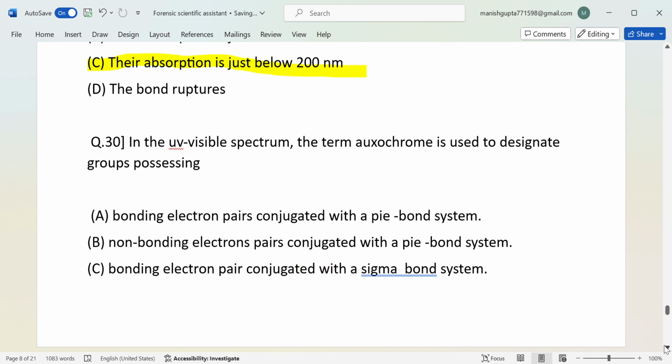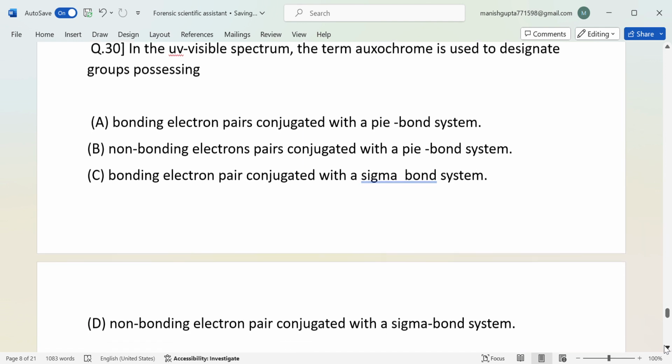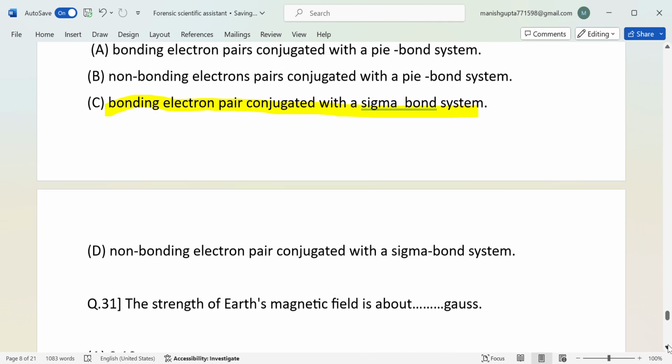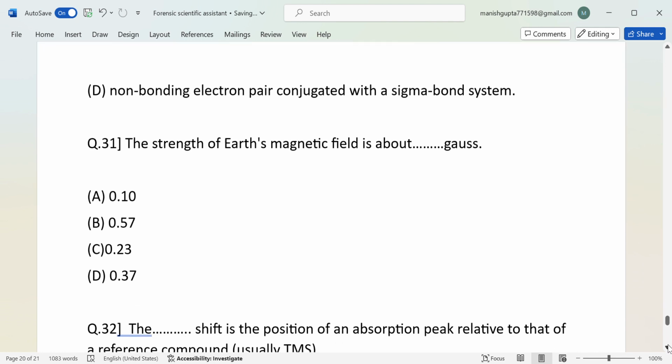Option C, bonding electron pair conjugated with sigma bond system. Option D, non-bonding electron pair conjugated with the sigma bond system. So option C is the correct answer, bonding electron pair conjugated with the sigma bond system.